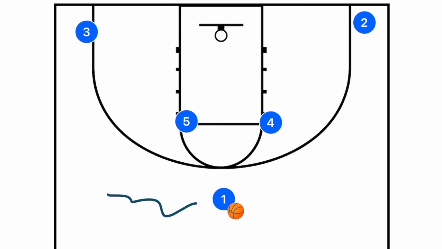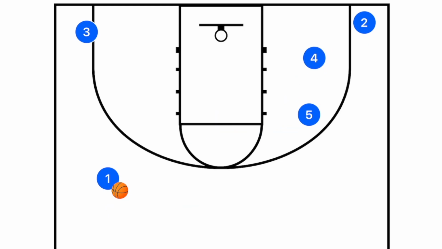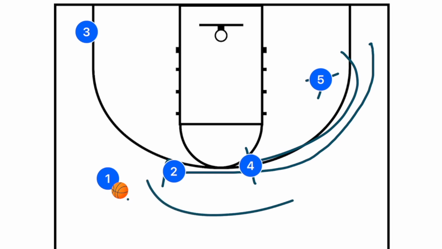Now, in this play, this is a little bit more advanced, but we're going to have player 4 set the screen down for player 2, and this is going to be a staggered screen for player 2. At this time, player 2 is going to be using that screen and setting a screen for player 1. Player 5 then screens for player 4, and this turns into a staggered screen for player 1.